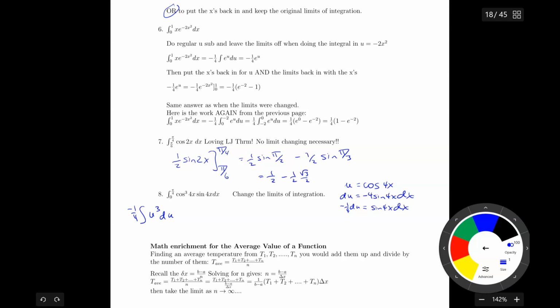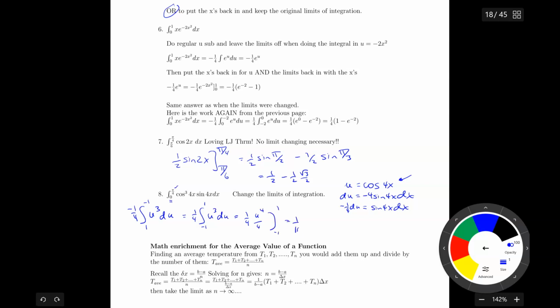Okay, so now I'm going to change the limits of integration. If I put x equals 0 into this conversion factor, I get 1. If I put x equals pi over 4 into this, I get cosine of pi, which is negative 1. So I'm going to take the time to rewrite, switch the limits of integration, and then I can take the antiderivative.